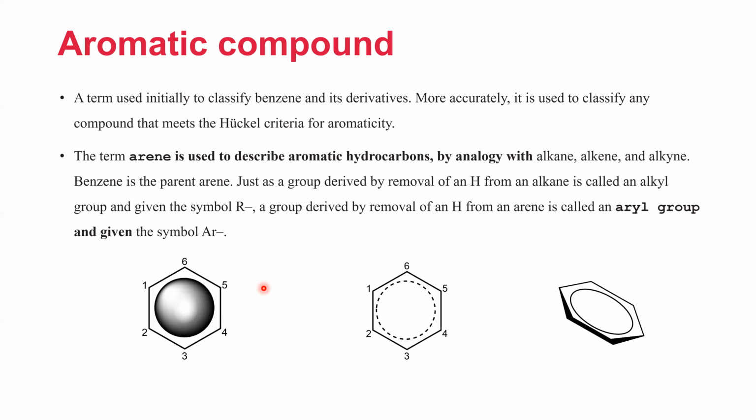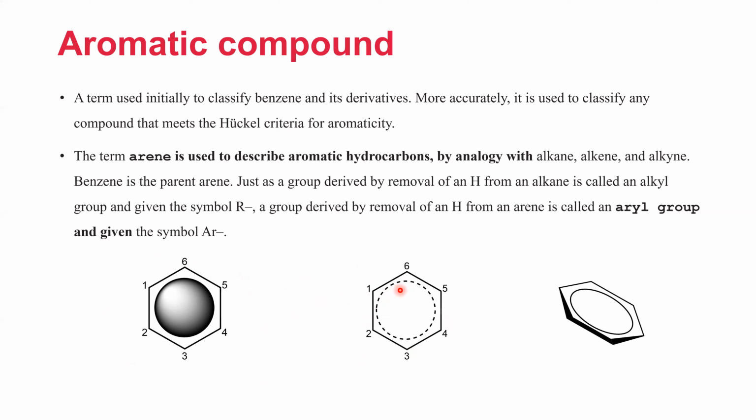I will show you how we draw aromatic compounds on paper and in some chemistry software. The benzene ring is a six-membered ring and its molecular formula is C6H6.